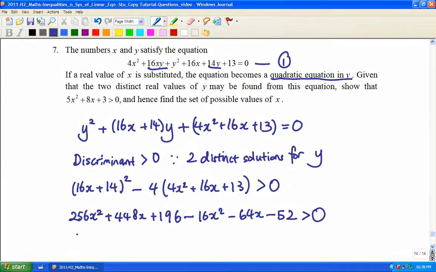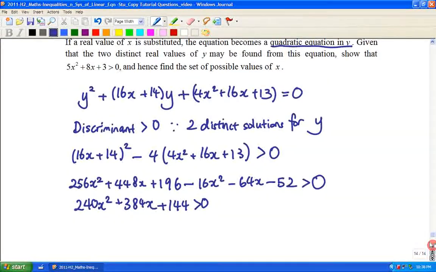Simplify this further. This is what you should get. Dividing both sides by 48, you will get the inequality that you are required to show.